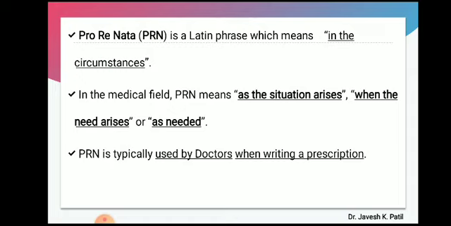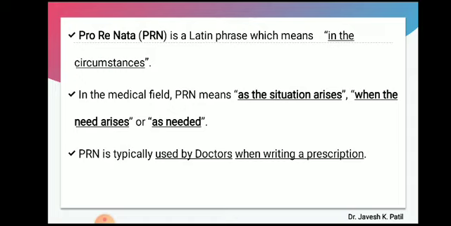They can be Latin phrases, or different abbreviations included in it. So we, and the pharmacist especially, must understand the meanings of these terminologies mentioned in prescriptions or medication orders.